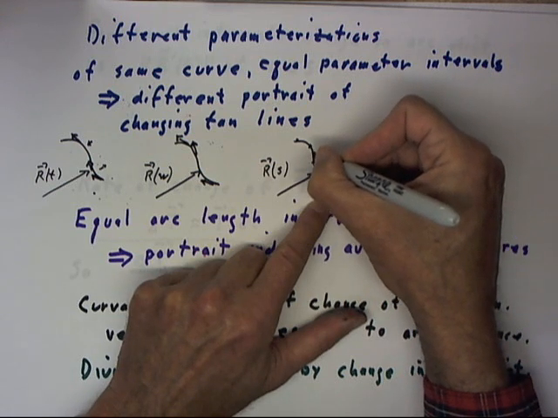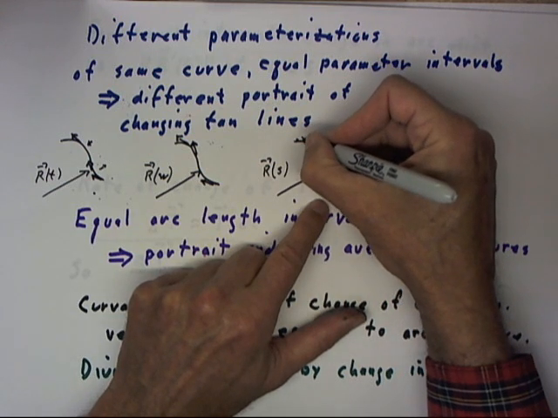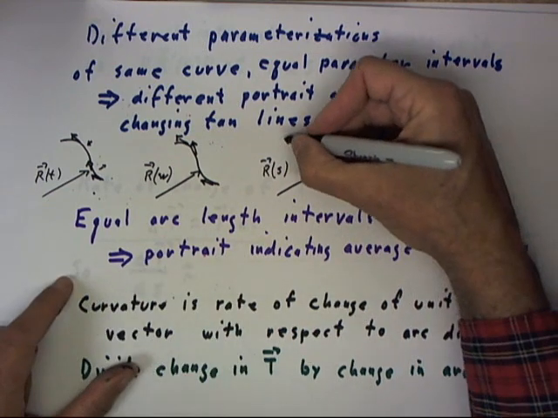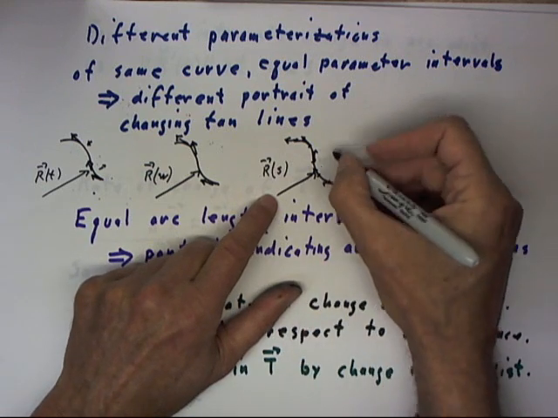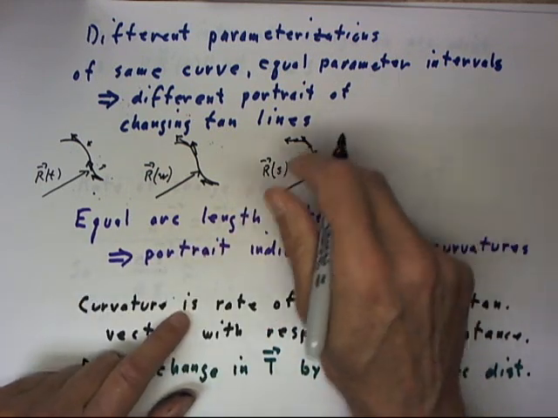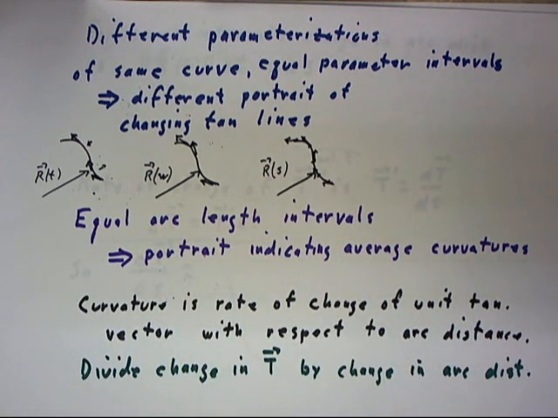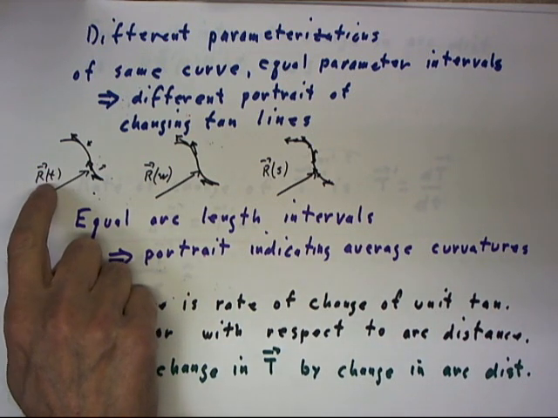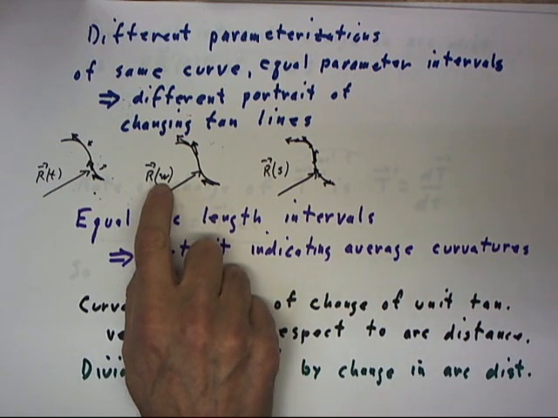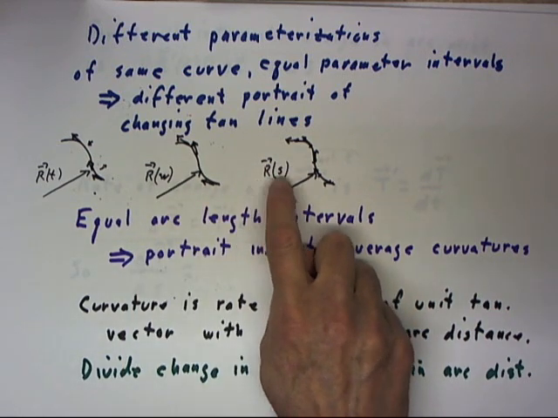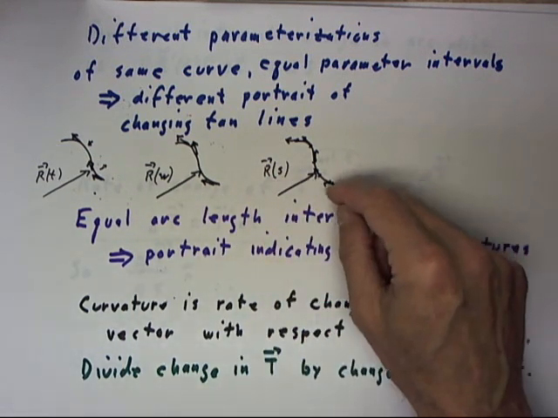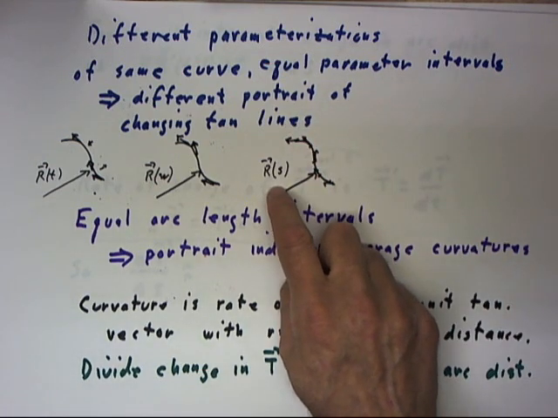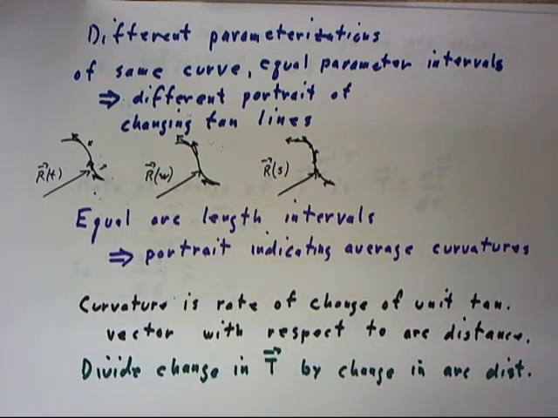Actually, we get the definition of how the unit tangent vector changes with respect to how far we've moved, and this is going to be a picture that gives us our curvature. And this picture is going to be the same no matter whether the curve is originally parameterized in terms of t or w. Once we get down to parameterizing the curve in terms of distance along the curve, the picture is going to be the same no matter what we started with.